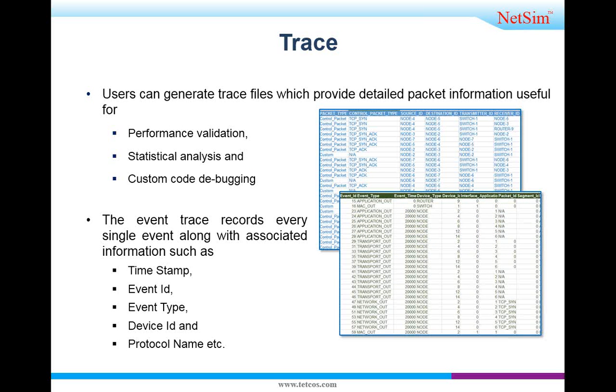So packet trace creates a set of chosen parameters for every packet as it flows through the network, such as arrival times, queuing times, departure times, payload, overhead, errors, and collision, etc. So it shows the packet information, which is useful for performance validation, statistical analysis, and custom code debugging.